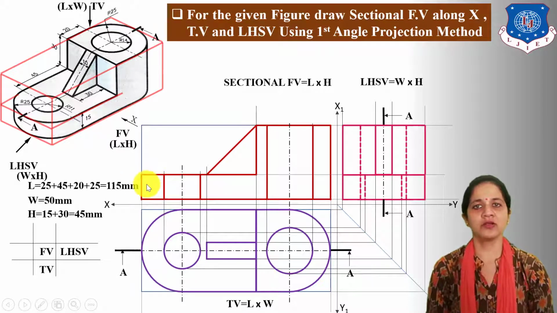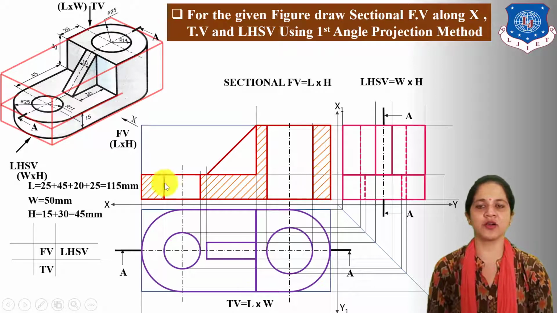So draw hatching line or section line in cut surface or the surface touched by cutting plane. Here one thing always remember, we cannot take section in rib portion.